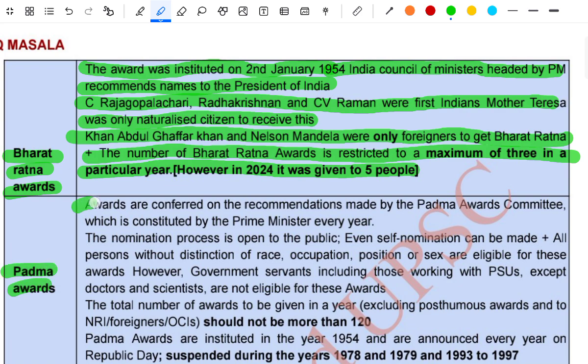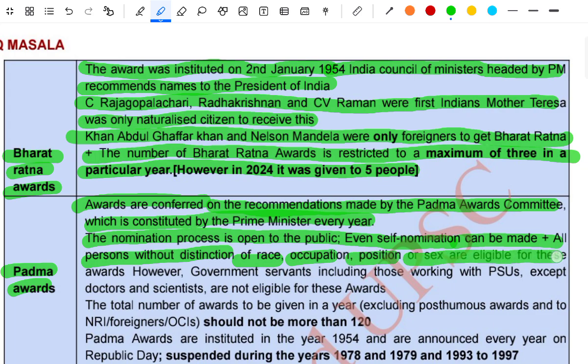Padma Award. The award is conferred on the recommendation made by the Padma Award Committee, which is constituted by the Prime Minister every year. The nomination process is open to the public. Even self-nomination can be made, and all persons without restriction of race, occupation, position, or sex are eligible for this award. However, government servants, including those working with PSUs, except doctors and scientists, are not eligible for this award.